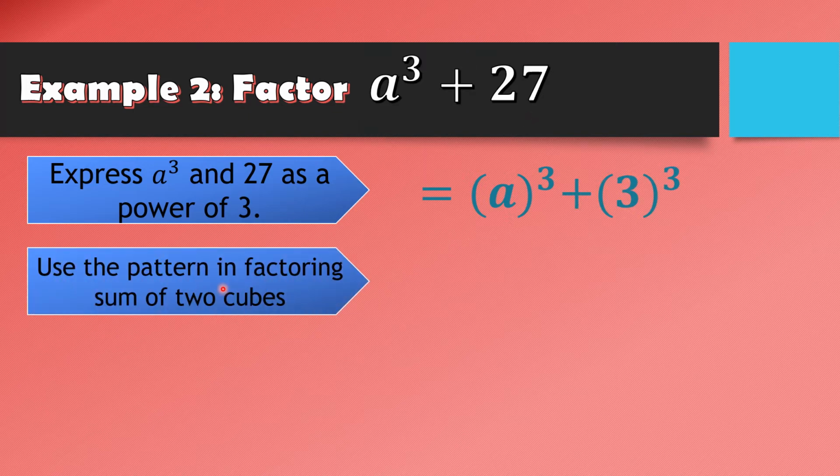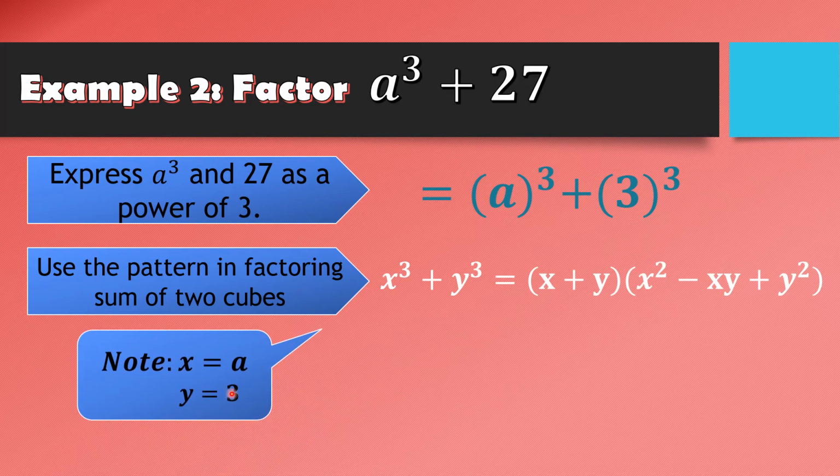Next, use the pattern in factoring sum of two cubes. We know that the pattern here is x plus y times the quantity of x squared minus xy plus y squared. Susundan lang natin tong pattern na to. Since alam naman na natin na ang value ng x is a at ang value natin ng y is 3, isa-substitute natin yan sa lahat ng katumbas niya na variable.